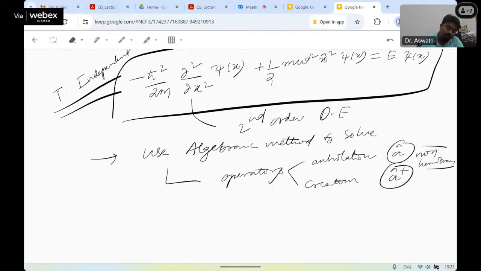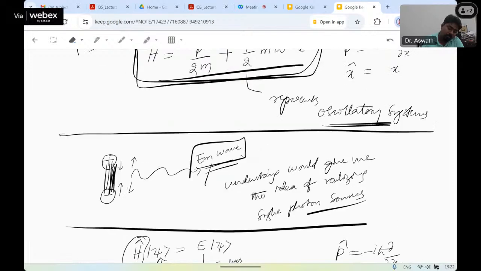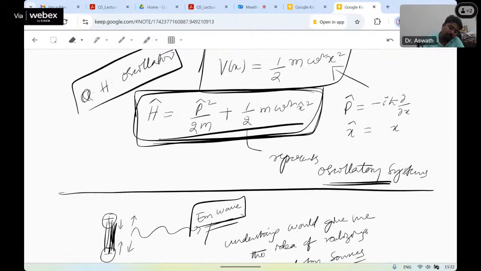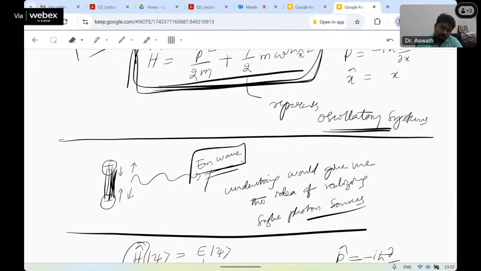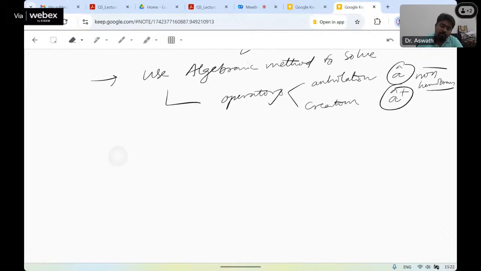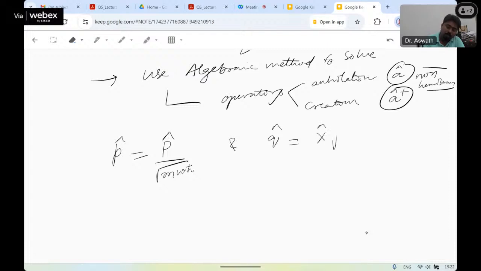Now, if you just carefully look at the Hamiltonian here, Hamiltonian itself is very, very complicated. So can I simplify that? Okay, so how do I simplify? Let's say I introduce new terms which are Hermitian, in such a way that I introduce a new scaled momentum operator, in terms of the old operator divided by square root of m omega h cross, and q hat is equal to the position operator multiplied by square root of m omega by h cross.